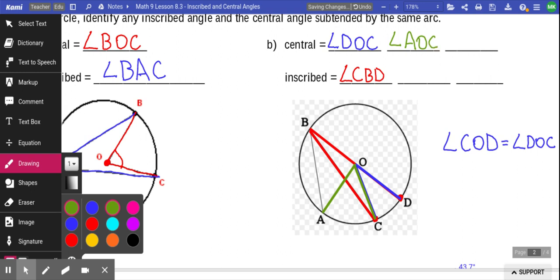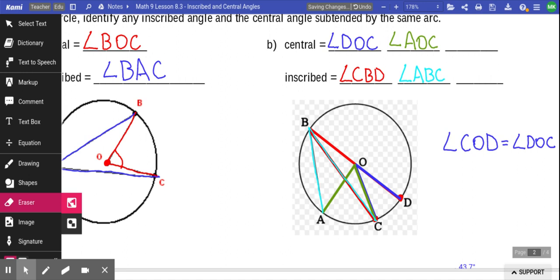I could also go from A to B to C. And that would create an inscribed angle because I went to another point on the circle. I didn't go to the center spot. So that would be angle ABC. Wonderful. I'm just going to erase those because it's getting a little messy. And then we'll try to find a couple more.